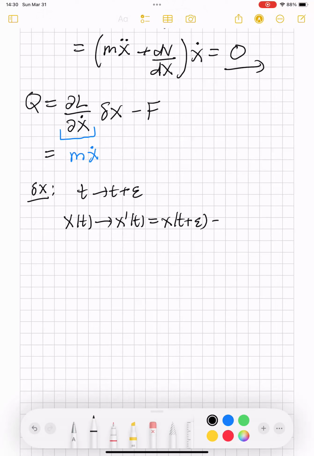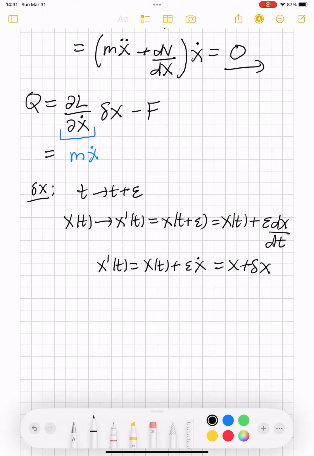And then expanding this to first order in epsilon, we work to first order because epsilon is infinitesimal. We just get epsilon dx/dt. So x primed of t, which is equal to x of t plus epsilon x dot, and this is x plus delta x. So comparing, there is delta x, there is epsilon x dot.